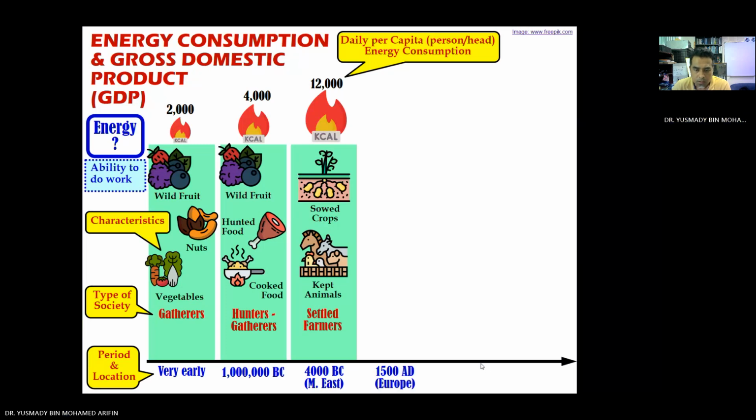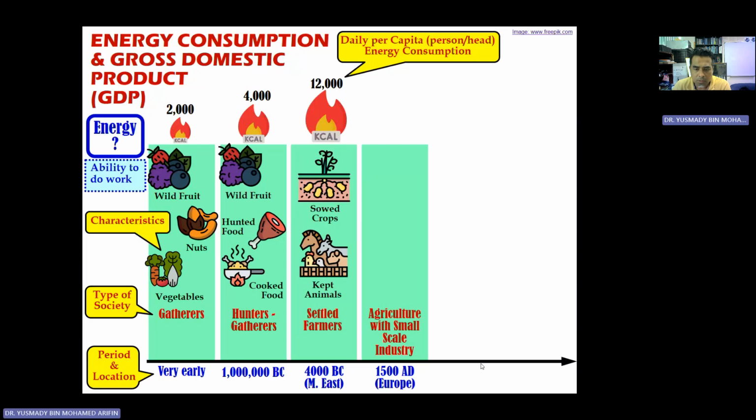Okay, in 1500 AD in Europe, they had already started to introduce agriculture and also small scale industry. So they could produce more food in terms of vegetables, fruit, and so on.